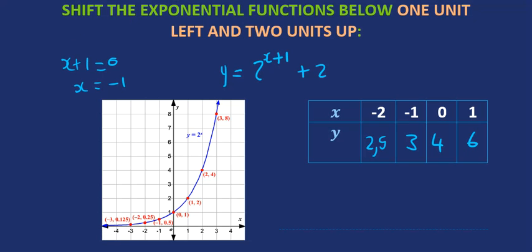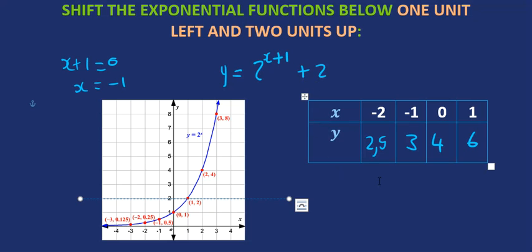Now, because the graph is shifted up by 2 units, the asymptote will no longer be at 0, but it will now be at 2. So for the exponential function, we've got an asymptote again at 2. So let's draw a dotted line at 2. Y equals to 2 because the graph is shifted up by 2 units.